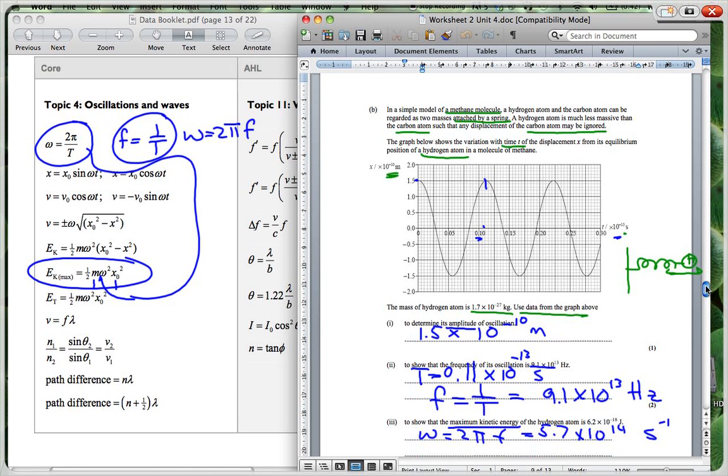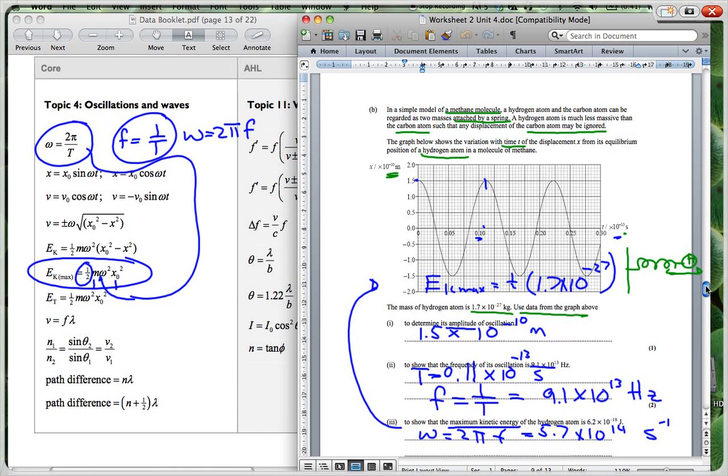Radians per second. And then I put it into my formula. EK max is equal to a half times the mass. So the mass is 1.7 times 10 to the negative 27, times our omega squared.